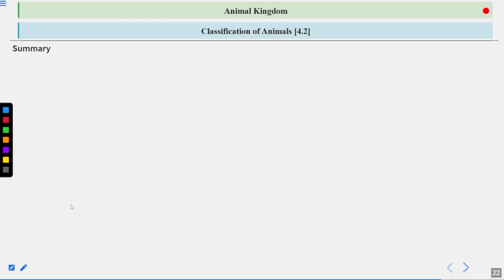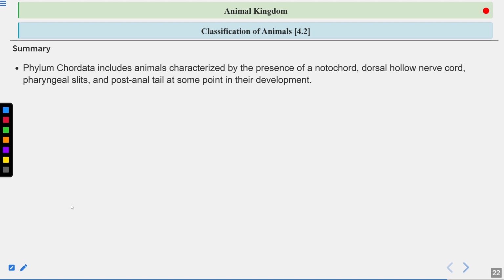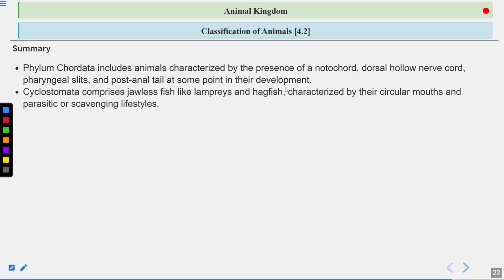Now we will have the summary. Phylum Chordata includes animals characterized by the presence of a notochord, dorsal hollow nerve cord, very important point, pharyngeal gill slits, and post-anal tail at some point in their development. Cyclostomata comprise jawless fish like lampreys and hagfish, characterized by their circular mouth and parasitic or scavenging lifestyles.